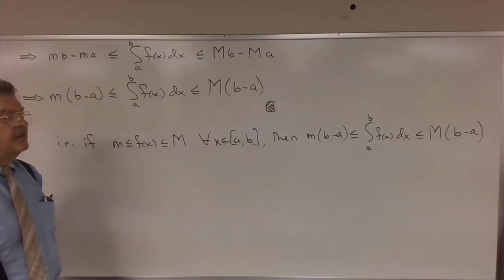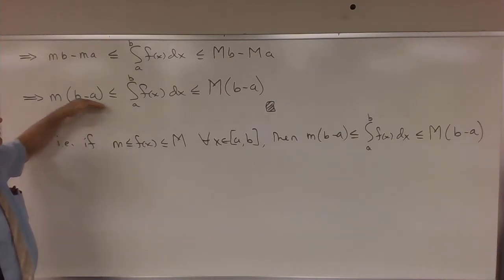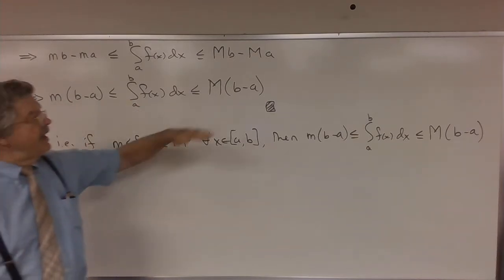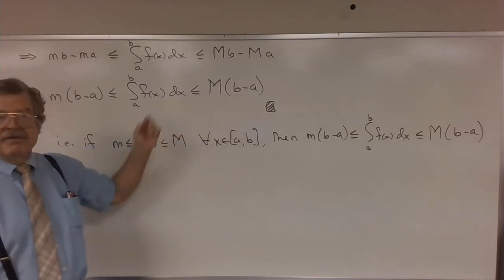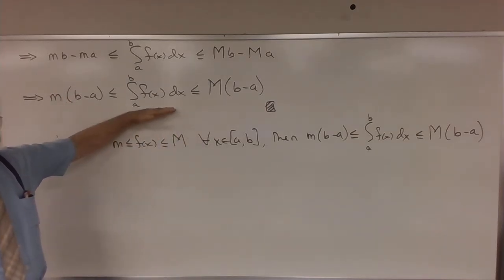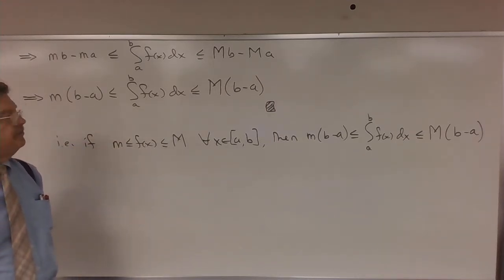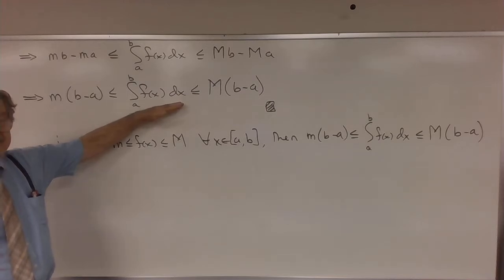Maybe the way that we can do this is just to get a lower bound on the value of the integral and an upper bound on the value of the integral. This is mainly for theoretical purposes. But if we continue in analysis, this will be one of the tools in our toolbox.